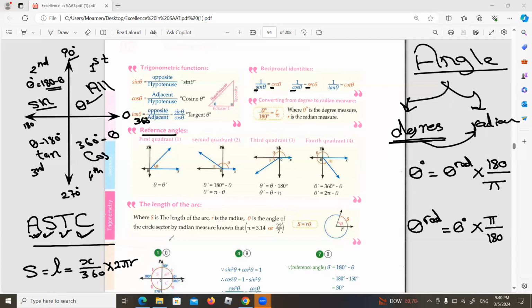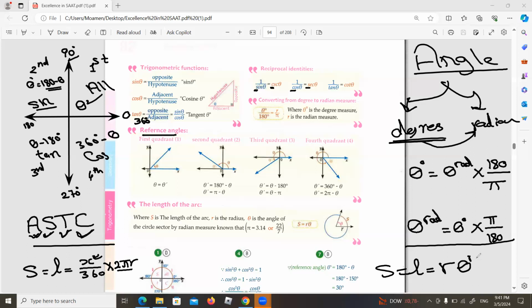But we have another rule, and I'll talk about it again. So S or L equals, if we work with a radian measure, you are clearly working here with a degree measure, because you take the degree measure over the total angle 360 multiplied by the circumference. Here, if you have the radian measure, just get the radius length, and then after that, multiply it by the angle.